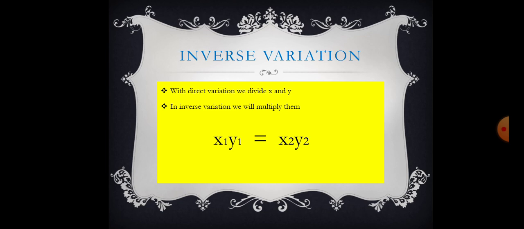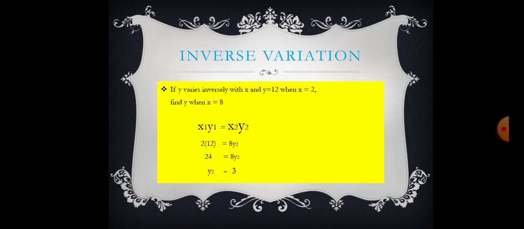For that we will use the formula: x1 into y1 equals x2 into y2. It means here variables are multiplying, and in direct variation it was division: x1 upon y1 equals x2 upon y2. Now here in inverse, variables are multiplying.